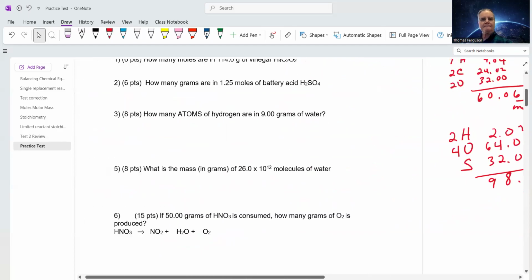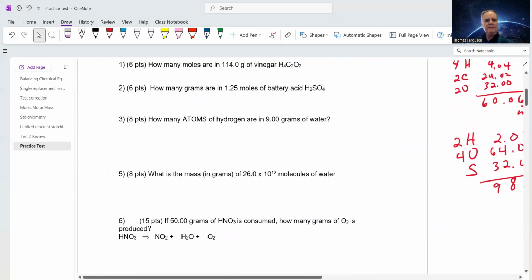Okay, how many atoms? That's Avogadro's number again. How many atoms? Notice I capitalized the word atoms to draw your attention to that.